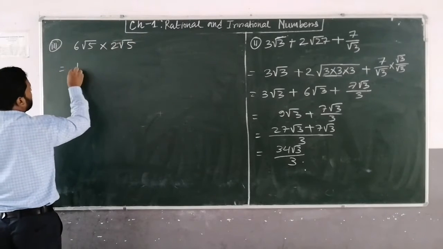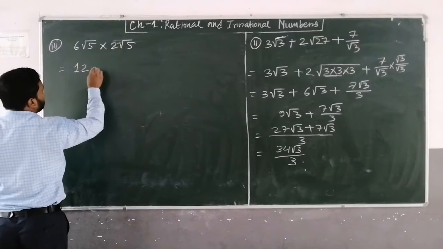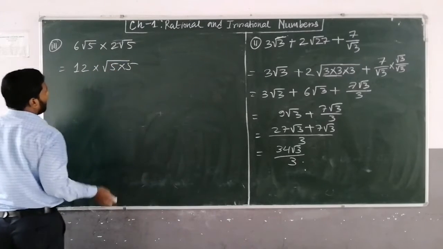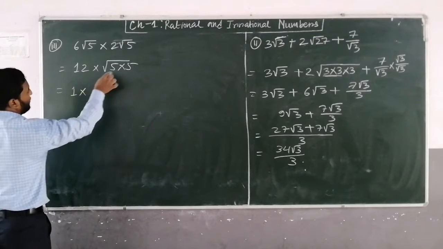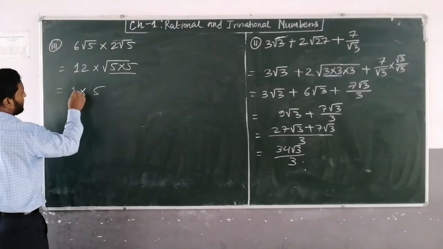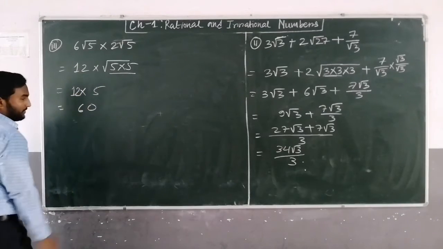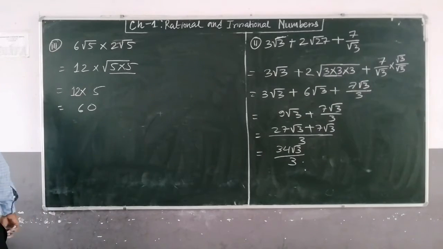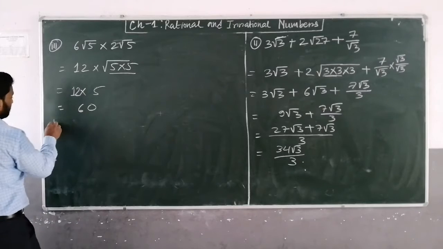So 6 times 2 is 12, and root 5 into root 5 means 5, like this. So 12 into 5 is 60. Okay, clear?